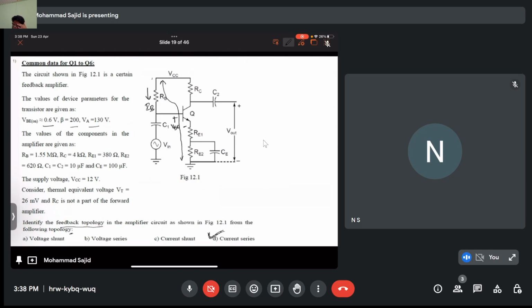We will use these values after that. And current IE flows through this. First let me know what type of transistor it is. Is it NPN or PNP? Can you identify it? Right, NPN. So this is the emitter, the current IE flows here and IB is here.